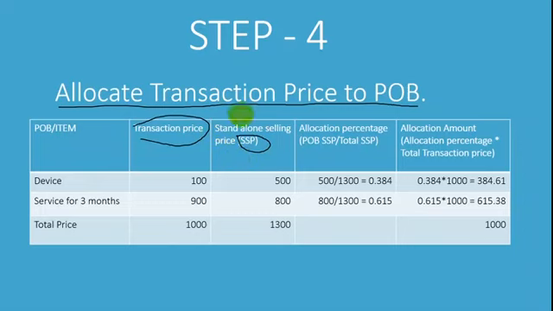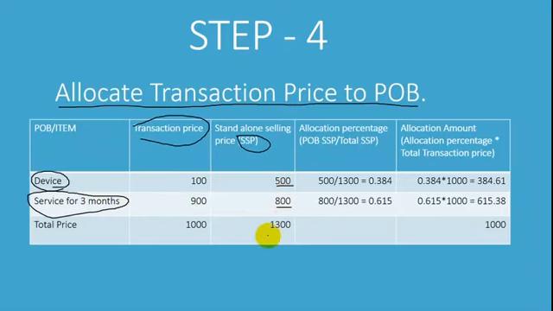The standalone selling price is whatever price you are going to charge the customer when you sell this item or POB individually. Suppose you are giving only the device to the customer, how much will you charge? If you are providing only the service to the customer, how much will you charge? So in our case, the device SSP is 500 rupees, and the service for 3 months is 800 rupees.